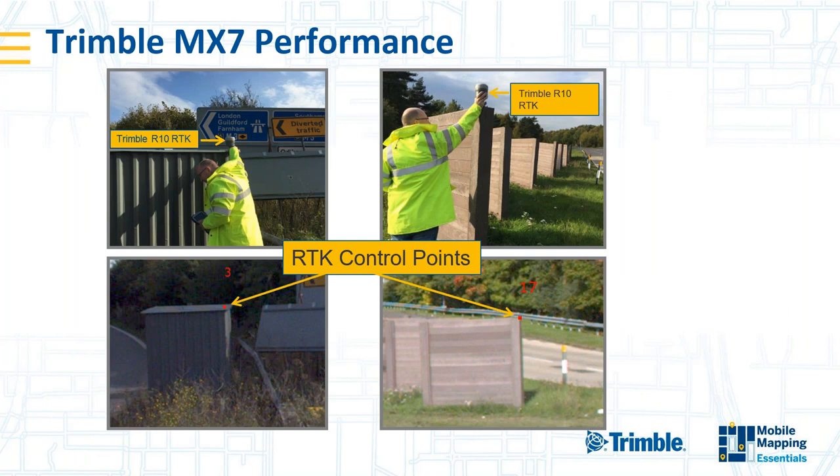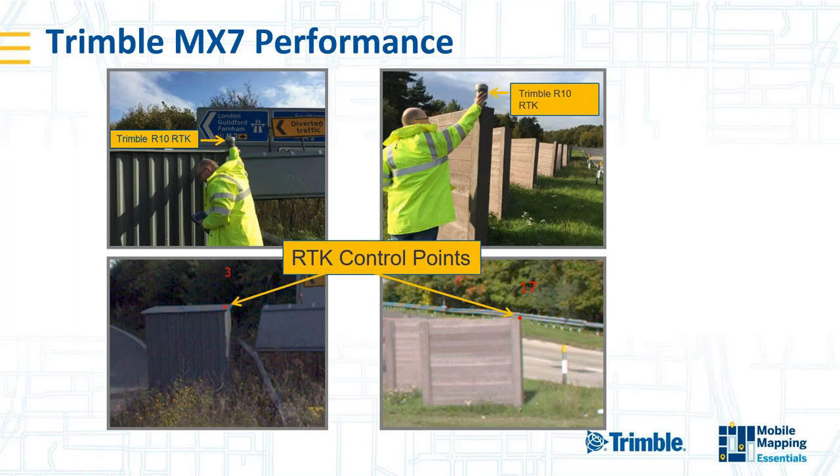And then I just wanted to share something a bit different at the end, which is just to give you some indication of the performance of the MX7. So this is a data set that a colleague and myself, we measured some points in the images using RTK.